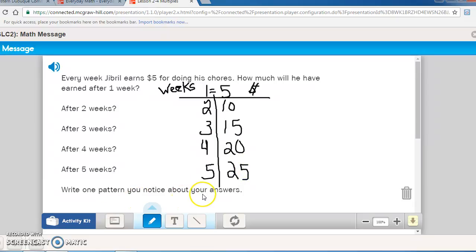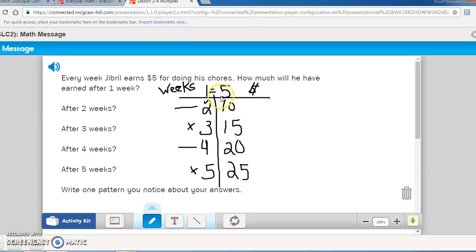What pattern did I notice about my above answer? Well, I noticed that on this side, I alternated between even numbers and odd numbers. 2 and 4 are even numbers. 3 and 5 are odd numbers.